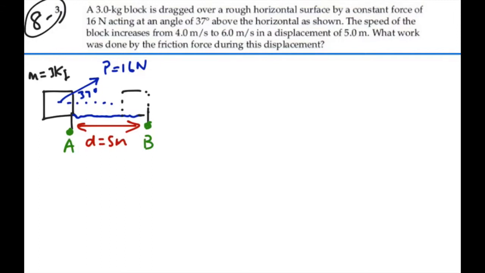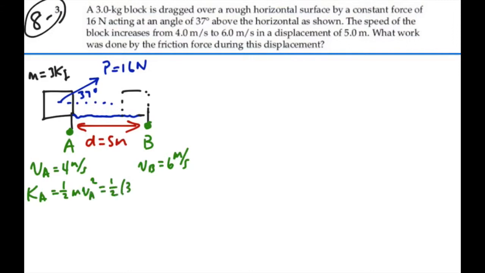And one thing we know about point A and point B is the velocities. We know the velocity at A is 4 meters per second, and the velocity at B is 6 meters per second. So we can calculate the kinetic energies at these 2 points. The kinetic energy at A is 1/2 mass times the velocity at A squared, 1/2 times 3 kilograms times 4 meters per second squared, which gives 24 joules.